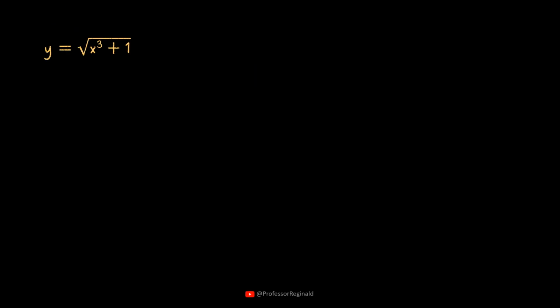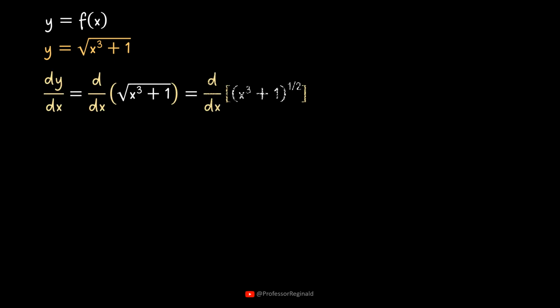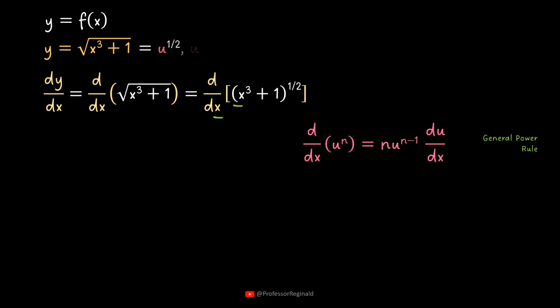Suppose y equals the square root of x cubed plus 1, where the dependent variable y is defined explicitly as a function of the independent variable x. The derivative of y with respect to x is straightforward. Even though the variables agree, use the chain rule, specifically, the general power rule, because the given function is a composite function.